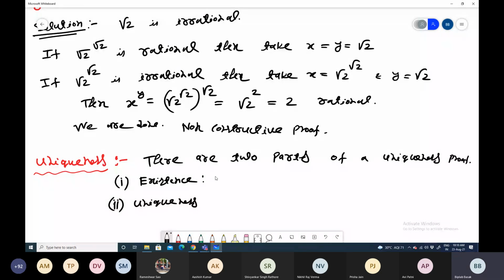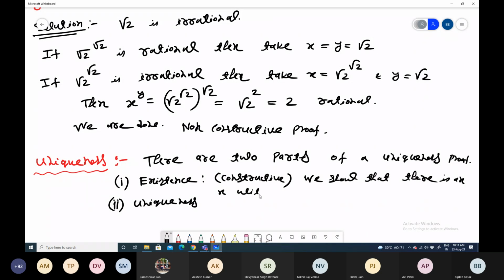Existence means here we need a constructive proof. That means we show that there is an x with the desired property.